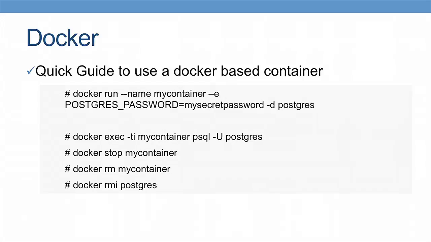Like I said, we are at a Postgres conference, so what we want to do is run Postgres in a Docker container. How easy is it to run Postgres in a Docker container? Compared to the old days, I started in 2005. My first experience of Postgres was to download the source code.